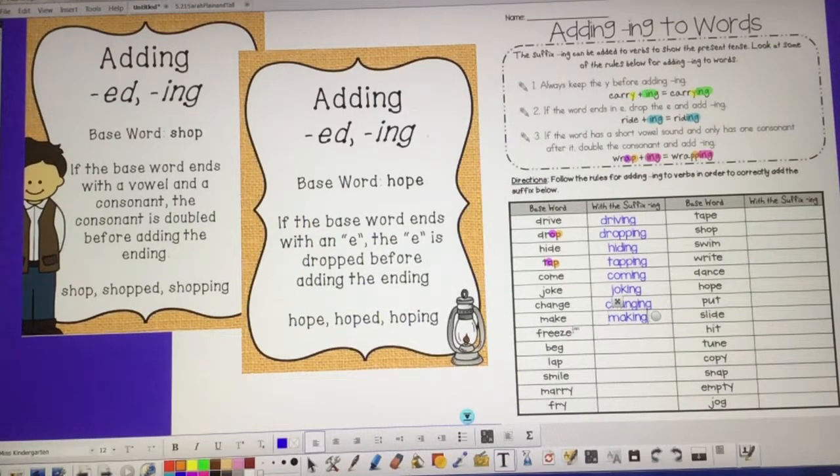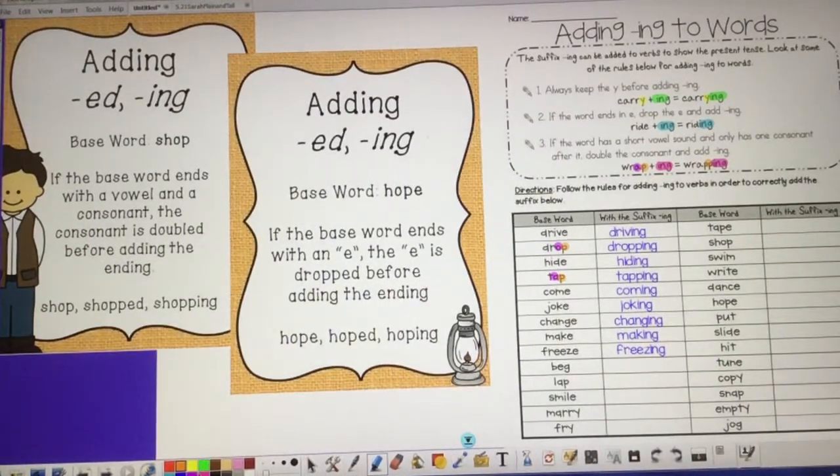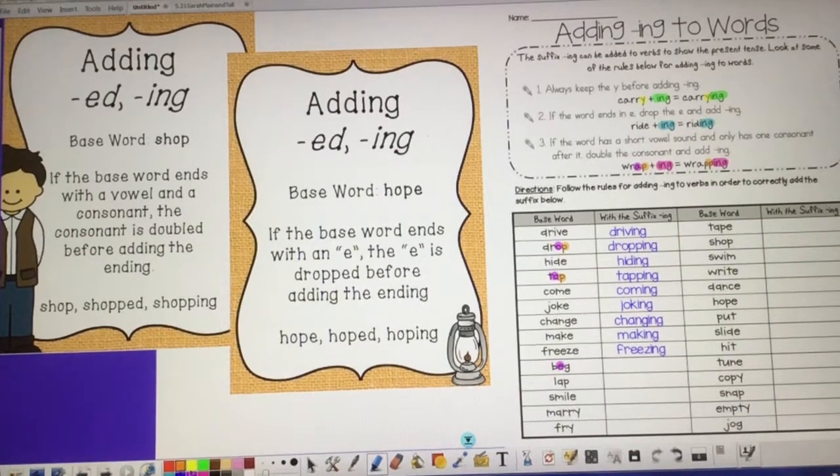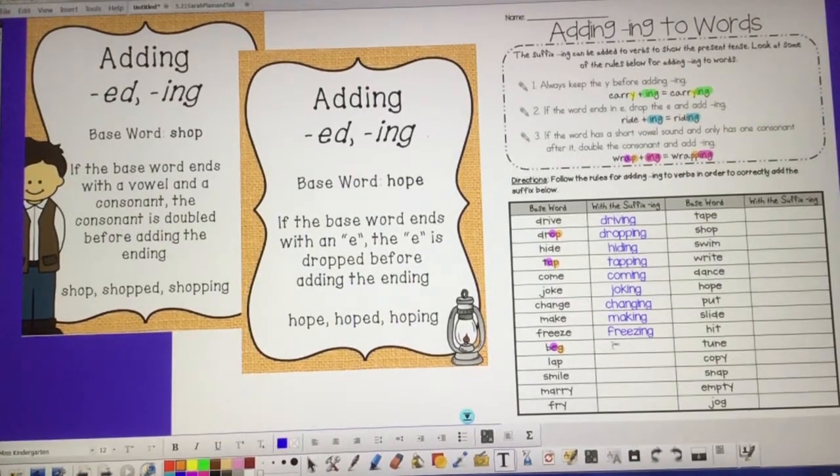Freeze, ends in E. FREEZING. Beg, that ends with a vowel, consonant. Vowel, then a consonant. So I'm going to double that G. So BEGGING.